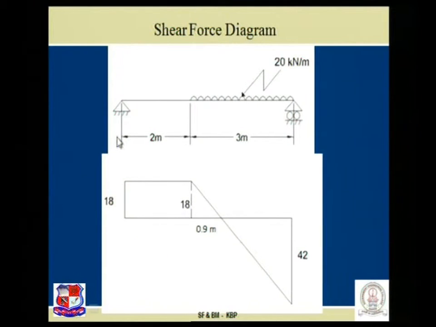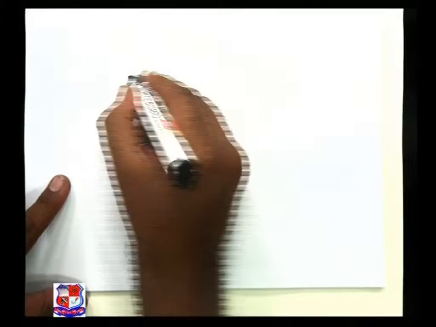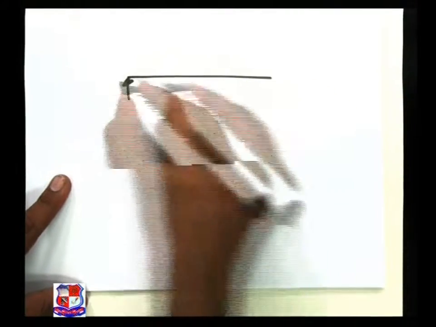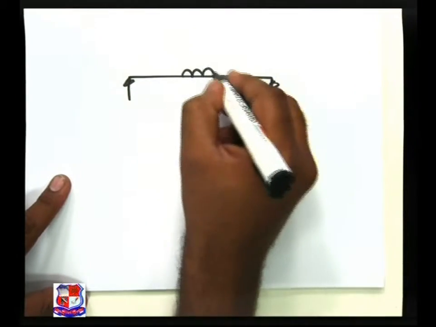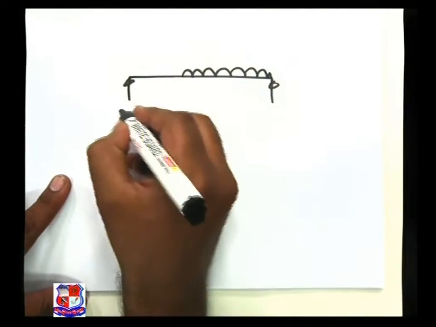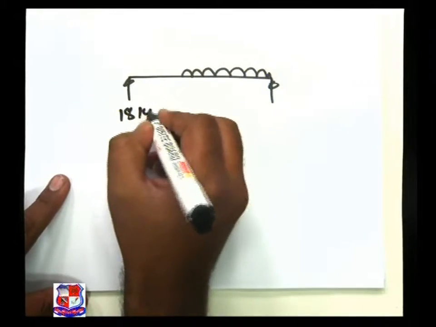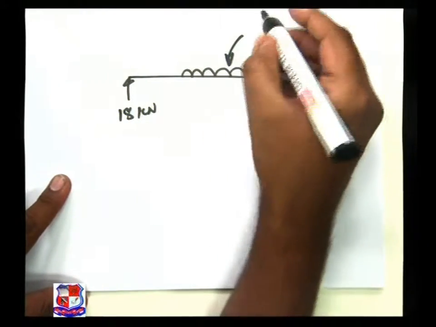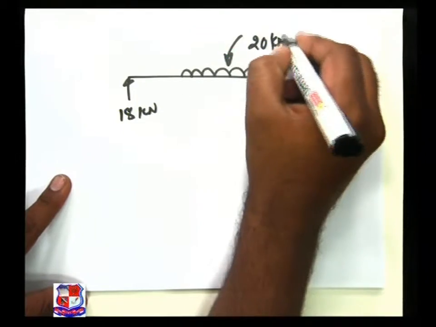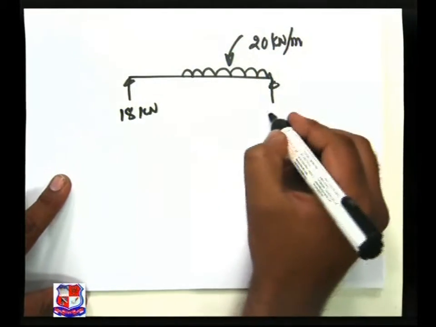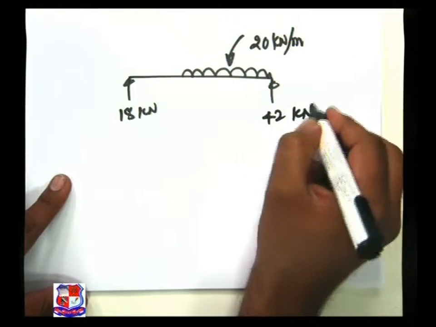So the overall distance from A to the zero shear force is 2 plus 0.9 is equal to 2.9 meter. So let us go ahead for the bending moment diagram. The value is 18 kilonewton. This value is 20, and this is 42 kilonewton.